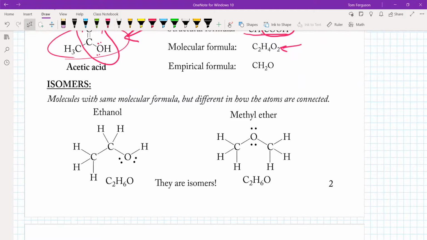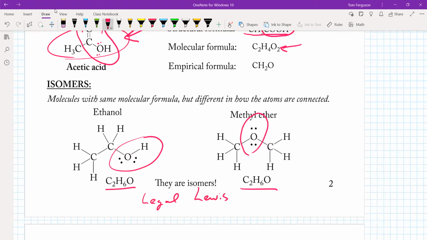Another concept we've talked about already are isomers. Now, for example, with the following molecular formula, we can draw 2 alternative Lewis structures, one with the OH on the end and one with the oxygen in the middle. They both are legal Lewis structures, but we don't know which one it is. This is called an ether. It's usually referred to as dimethyl ether. And this is an alcohol.